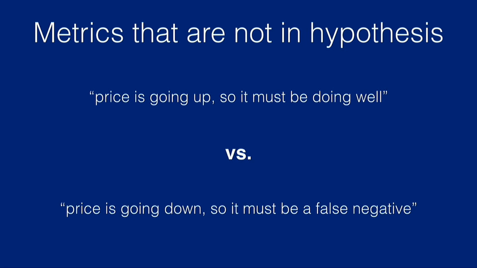And the other way around, you can say, oh, the bookings go slightly up, but the price is going down. This price could be a false negative. Maybe it's one of the 10 things that we were measuring that is incorrect. So just ignore the metrics that are not in your hypothesis.